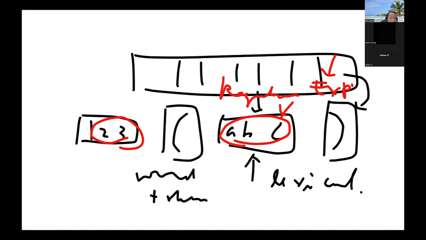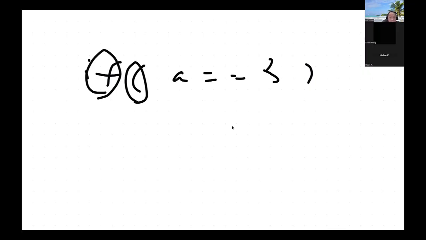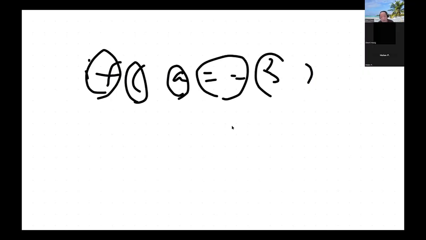So after tokenization, you will get a lot of words. So you have if A equals 3, something like that. You tokenize it into grammatical units. Each grammatical unit is a word. And then the token type, maybe you get the token type of this one is a keyword.